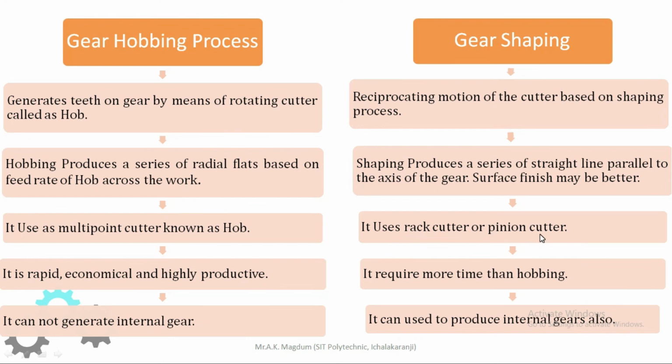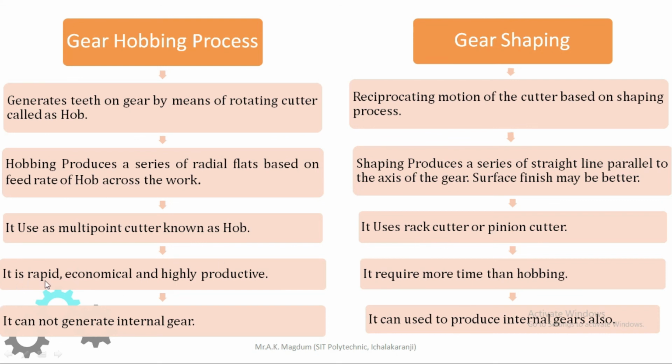You observed in the previous slides that a rack type cutter and a pinion type cutter are both generally used for manufacturing gears. So the basic difference is that gear hobbing has a hob as a multi-point cutter, while gear shaping uses a rack cutter or pinion cutter for machining.